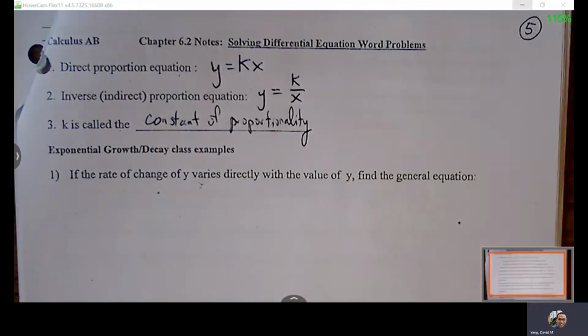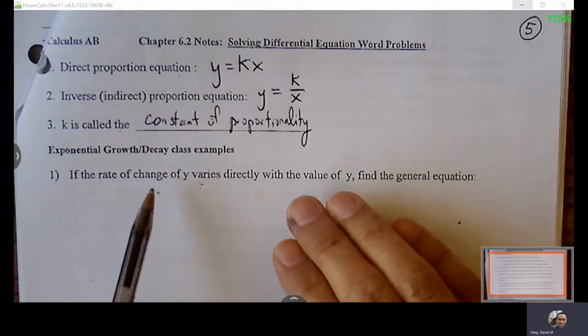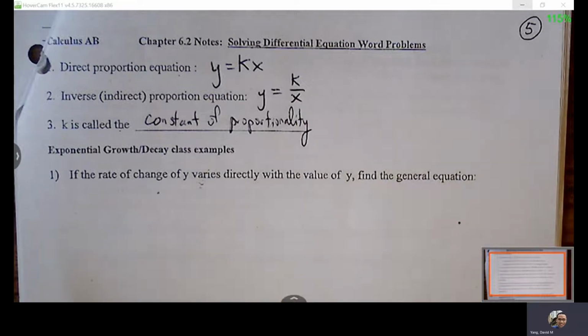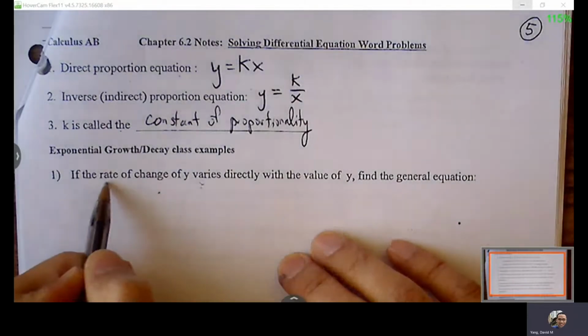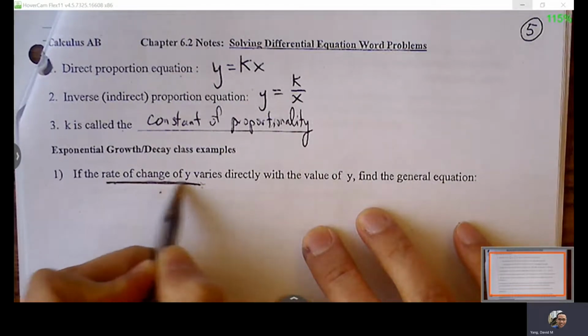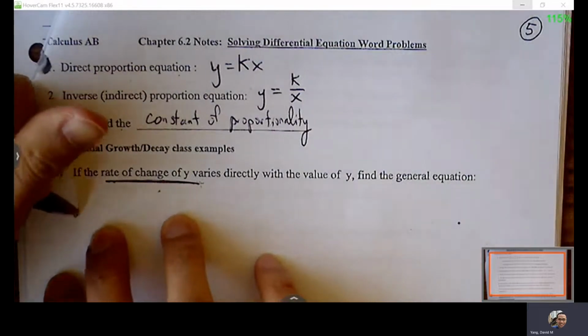Okay, so number 1 says, if the rate of change of y varies directly with the value of y, find the general equation. So what we're going to do is translate this sentence into a differential equation, and then we're going to solve it. First it says rate of change of y. Let's treat that like the derivative, so we'll call this y prime.